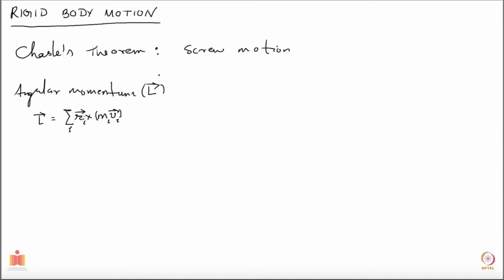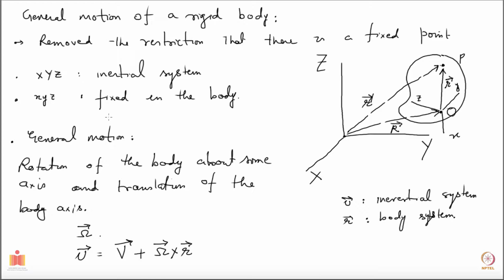But since there is a summation symbol here and I know that all these quantities are determined by this index, I will just omit the index I. It keeps the notation uncluttered. Sorry, it should be r prime. The r prime is the location of this point, and v is the velocity of this one.